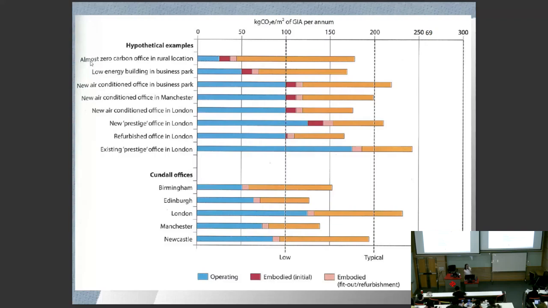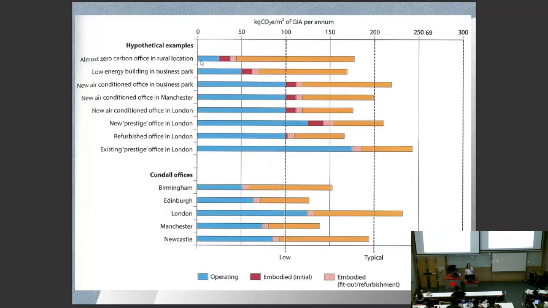Because it is an almost zero carbon building located in a rural area, the operating carbon must be low. And this is the embodied carbon. Because this building is located far away from the city center in the rural area, the transport carbon is very high. The orange color is the transport carbon.